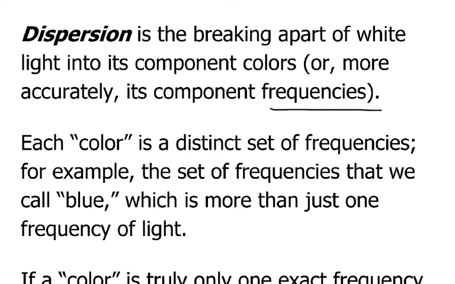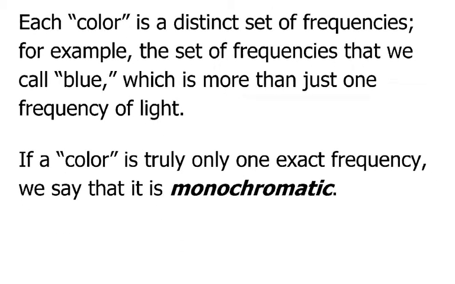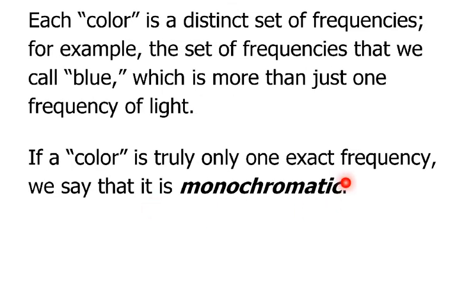There are several different shades of blue, so that would be more than one frequency, but each of those shades of blue would be just one frequency. Now, if we had light that was a single frequency, exactly only one frequency, then that would be monochromatic light. Monochromatic means only one exact frequency.